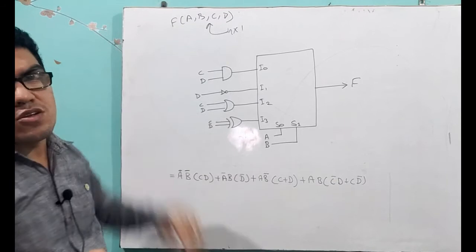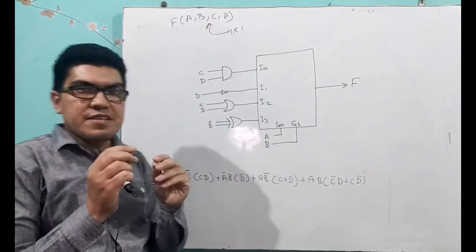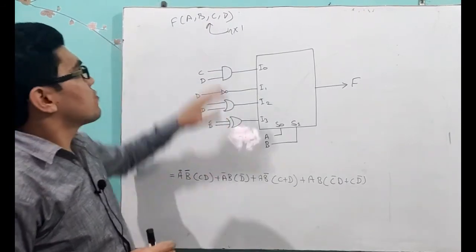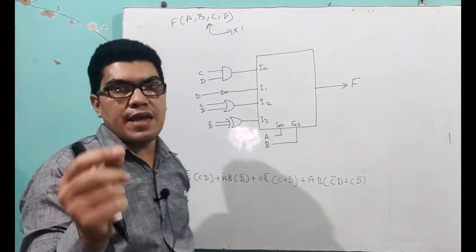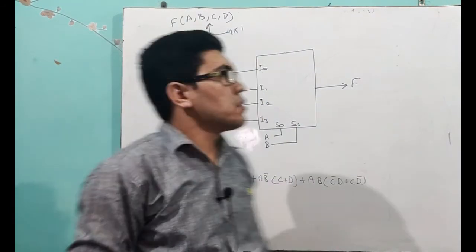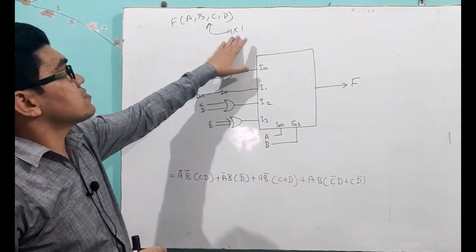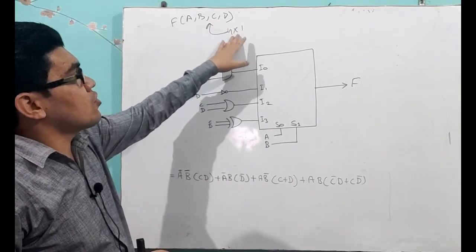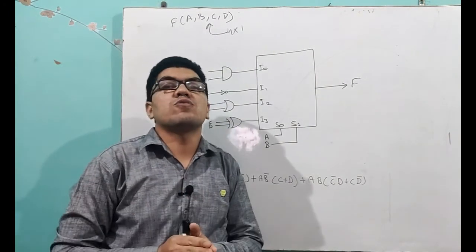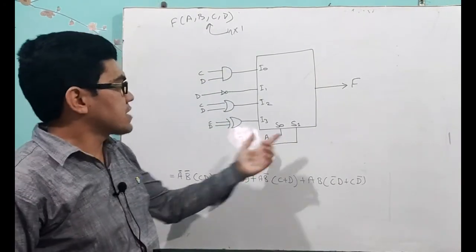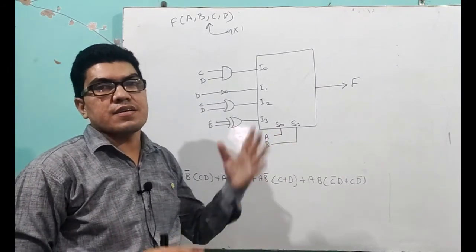If it is a normal multiplexer, for 4 variables we would have to use an 8x1 multiplexer, but we have to implement this using a 4x1 multiplexer. So it is clear that we have to make a scale down multiplexer here.